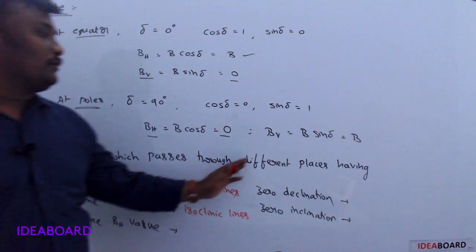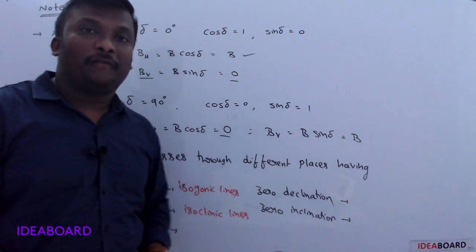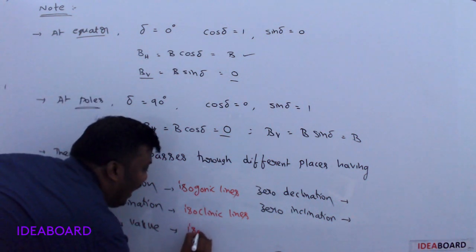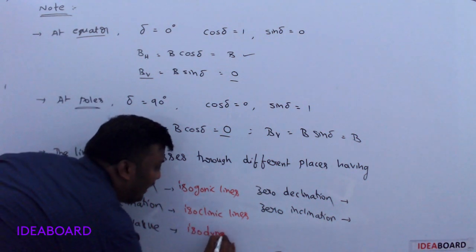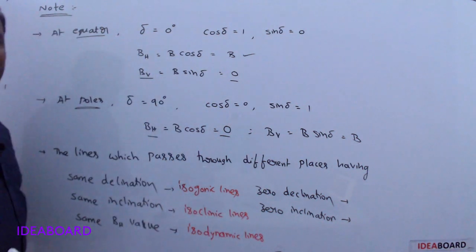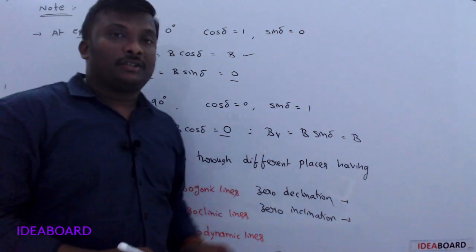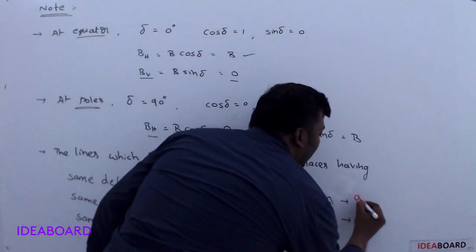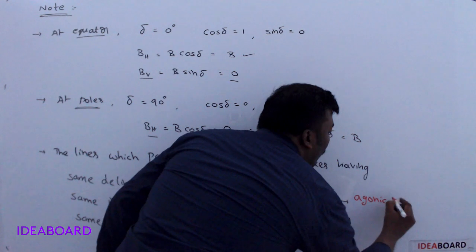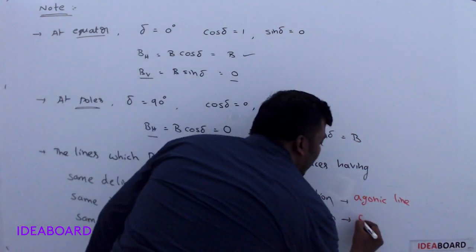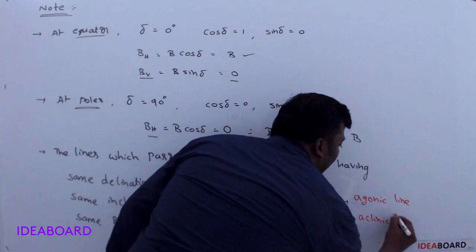And the lines which pass through the different places on surface of earth having same BH value are called isodynamic lines. Okay. The line which passes through different places having zero declination is called agonic line, and zero inclination is called aclinic line.